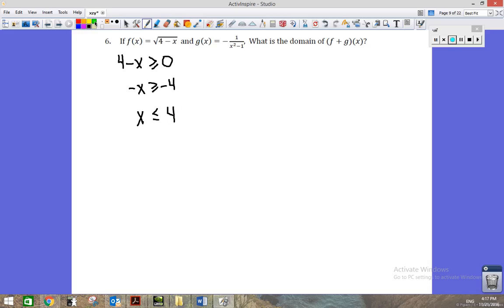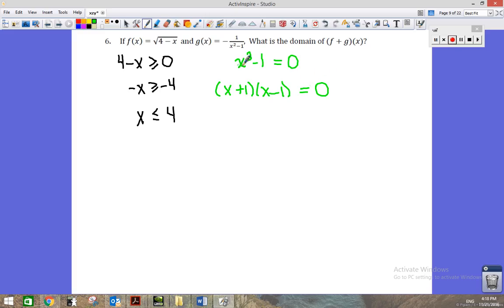If I look at the second function, I don't have a radical in it, so I do not have to worry about taking the square root of negative numbers, but I do have a variable in a denominator. So for this x squared minus 1, I need to avoid values of x that would be solutions to this equation and would result in division by 0. I'm going to factor this: x plus 1 times x minus 1. I'm afraid people would mess up and only get a single solution.